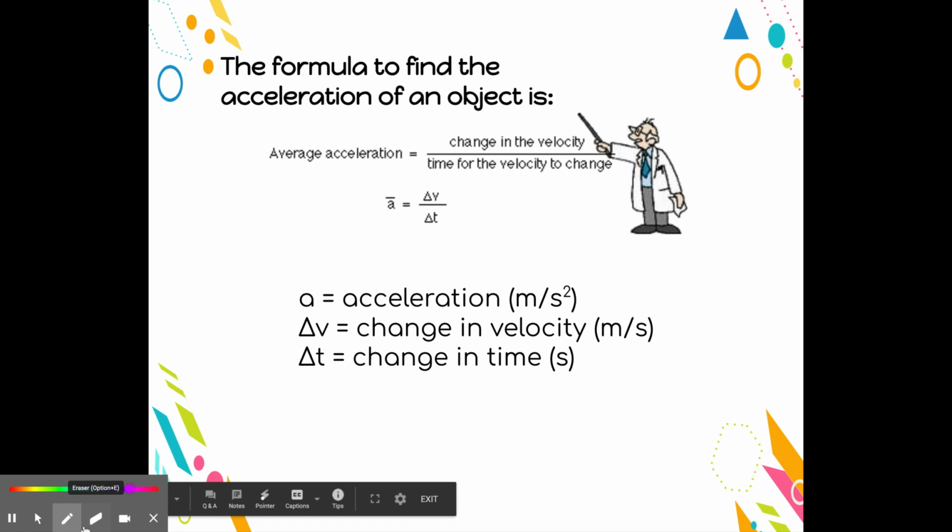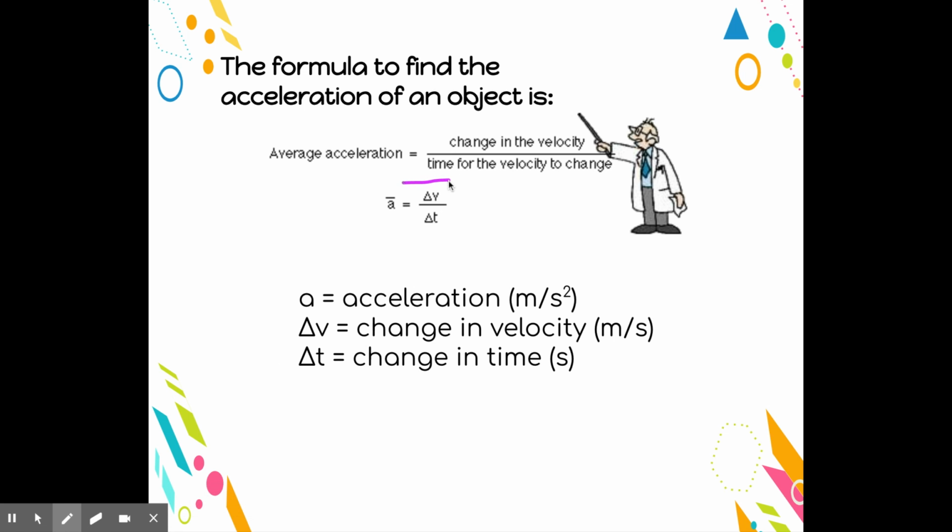So the formula, how are we going to use this? This will be found on your formula sheet. It is a with that vector symbol over top of it, which stands for acceleration.